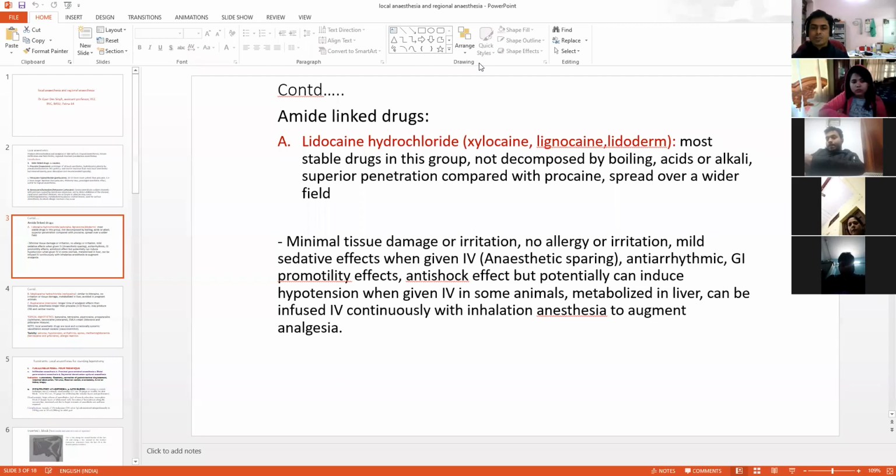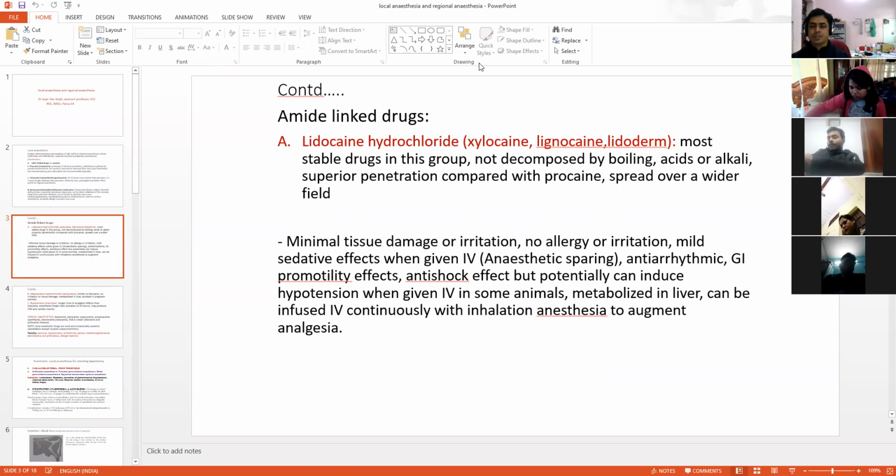What is the dose sparing effect? Note it down, it is not written at the back yet. Dose sparing effect is the decrease in the dose of the main anesthetic by using different combinations of pre-anesthetics like xylazine.